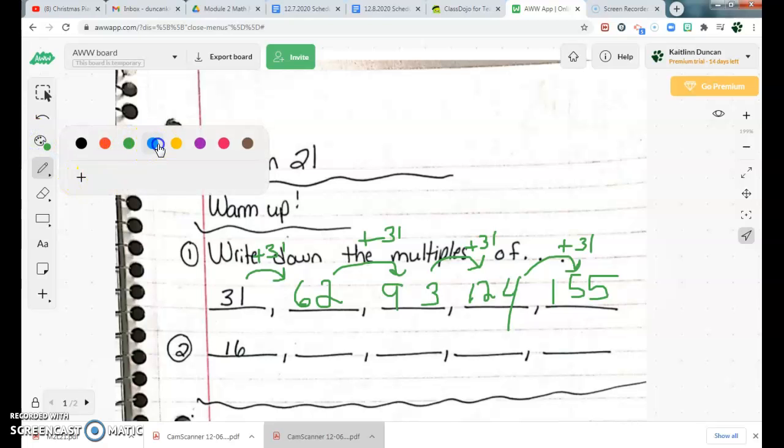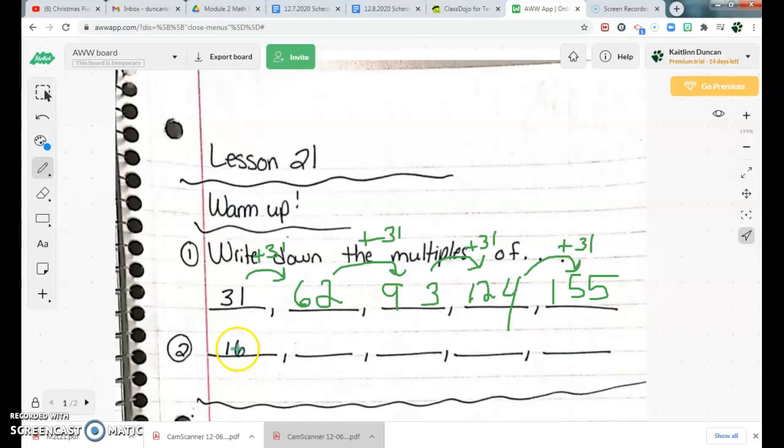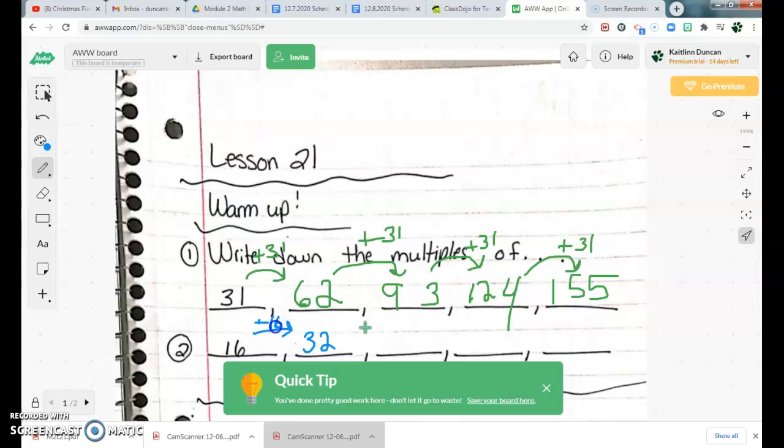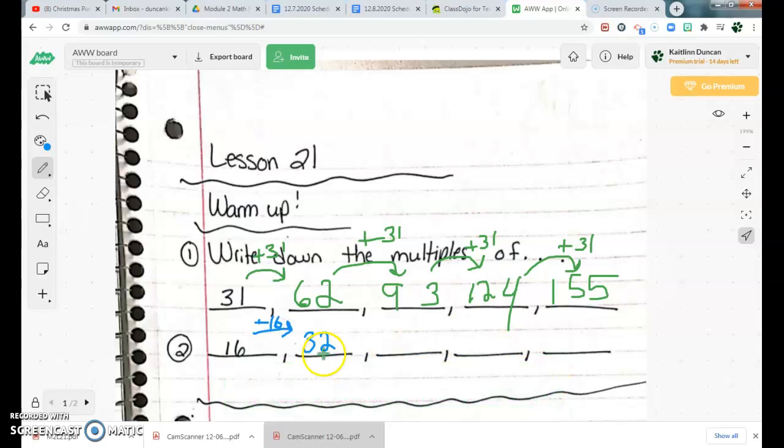Looking down at number 2, the multiples of 16. Well, I know 16 plus 16 is going to get me 32. From here to here, I've added 16. Now I need to add 16 to this number. Well, 6 plus 2 is going to get me 8. 1 plus 3 is going to get me 4.